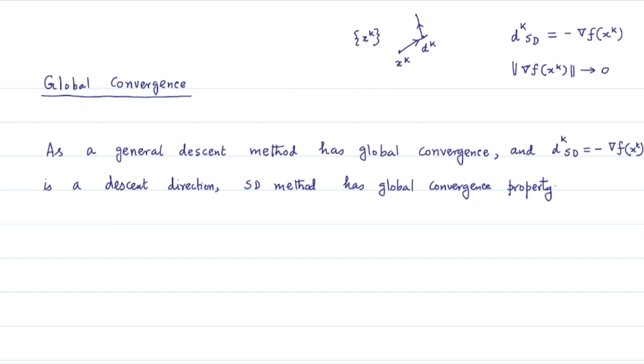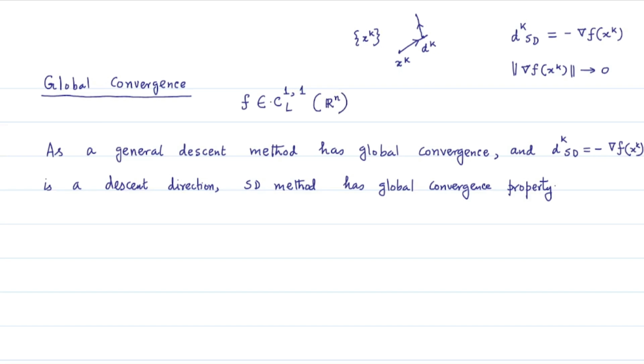But here for the global convergence property of the steepest descent method, I must mention that the objective function f must be such that the gradient of the function f is a Lipschitz function. So we consider here the function f is not only having continuous first order partial derivatives, but the gradient of the function f is a Lipschitz function with certain Lipschitz constant, say L, throughout the n-dimensional Euclidean space.